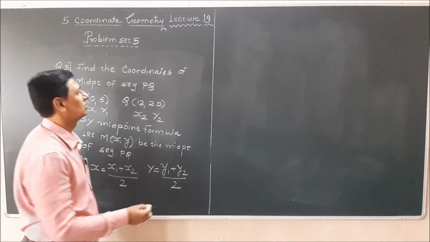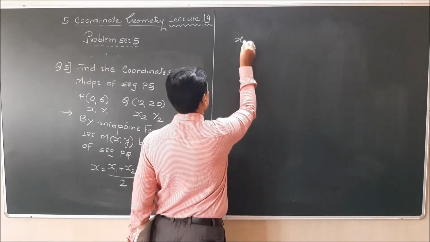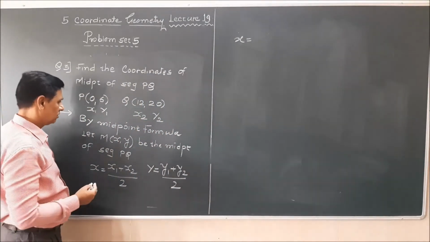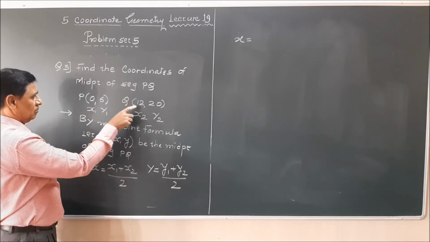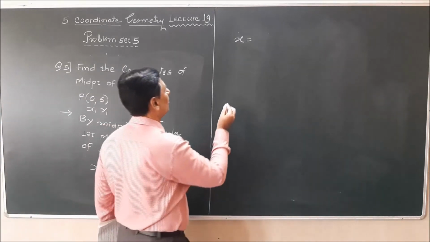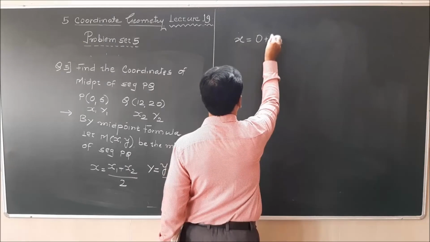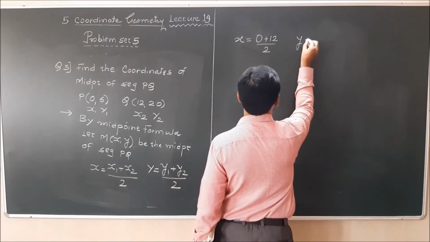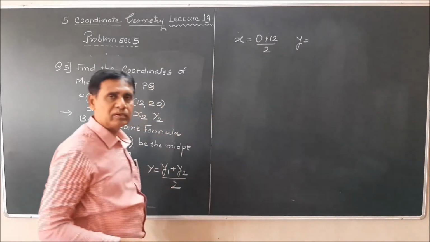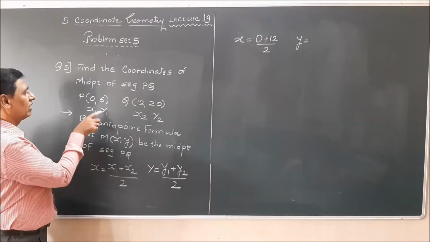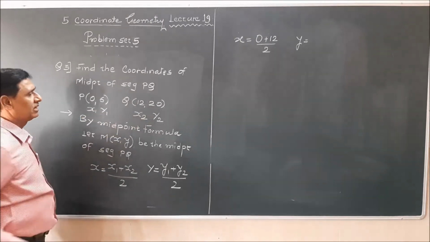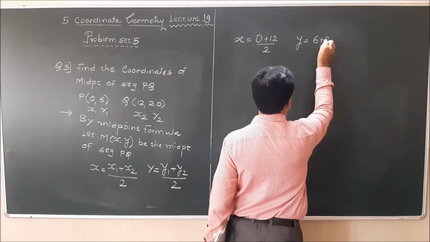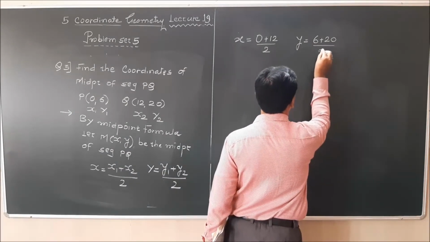Now x is equal to, the values of x1 and x2 we know. The value of x1 is 0, plus 12, so 0 plus 12 upon 2. While y is equal to y1 plus y2. Now what is the value of y1? 6 plus 20, upon 2.